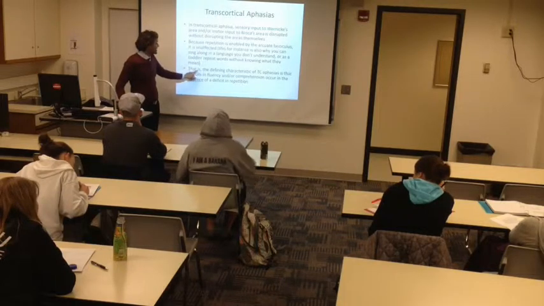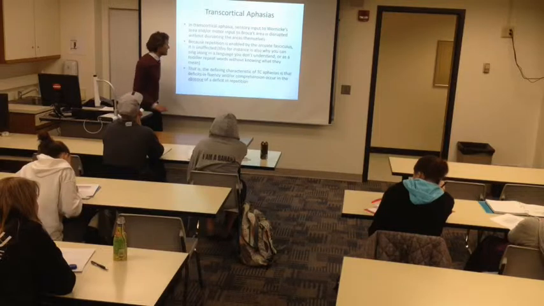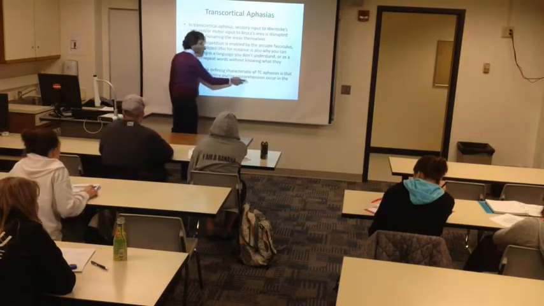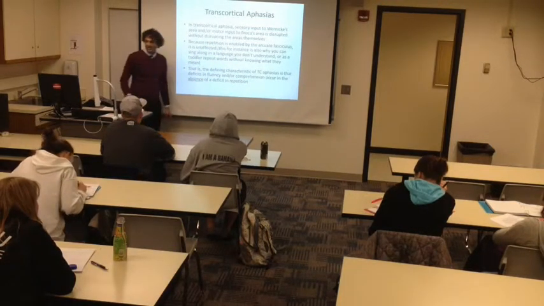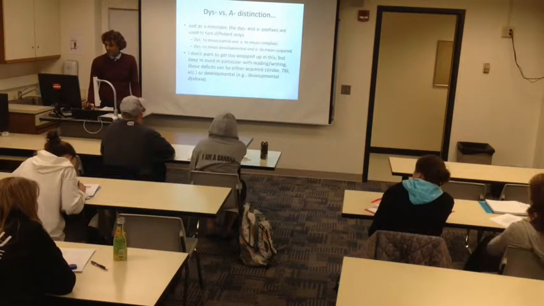And so the defining characteristics of these transcortical aphasias is they have the deficits in fluency or comprehension, fluency for the expressive motor aphasia, comprehension for the sensory aphasia. They occur in the absence of a deficit in repetition.